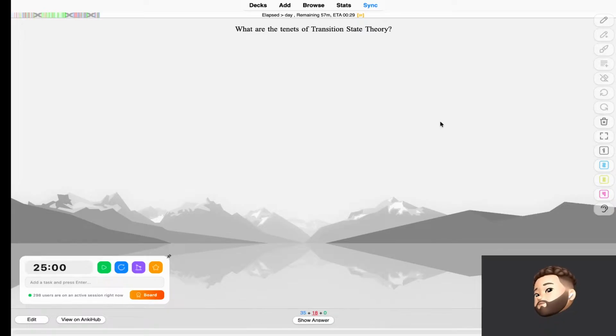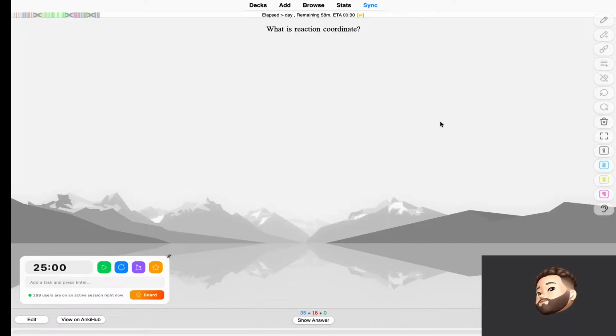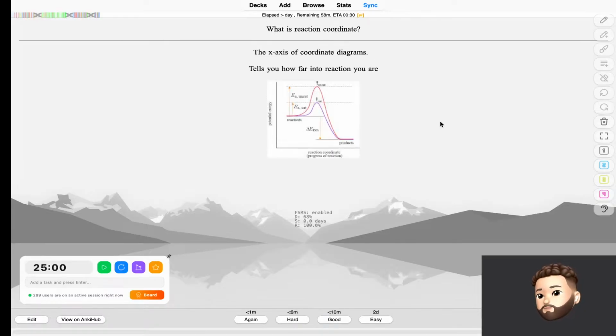What are the tenets of transition state theory? When they collide with one another with sufficient energy, they enter the transition state. Reaction coordinate, it indicates how far along in the reaction you are.